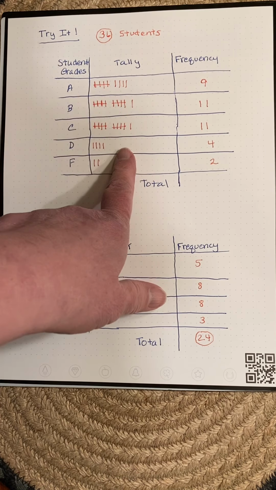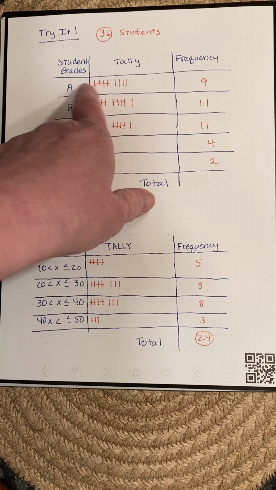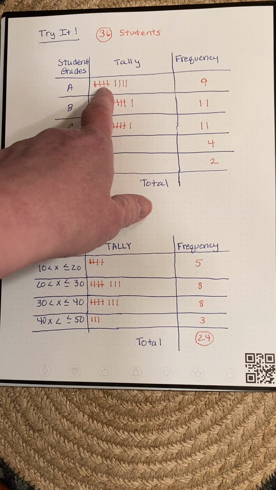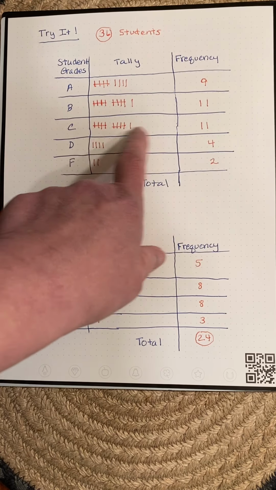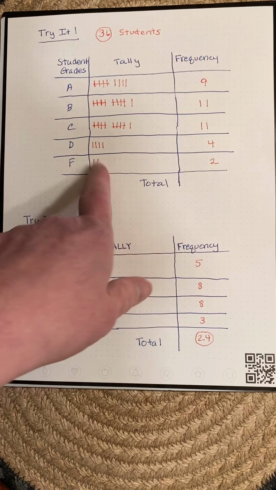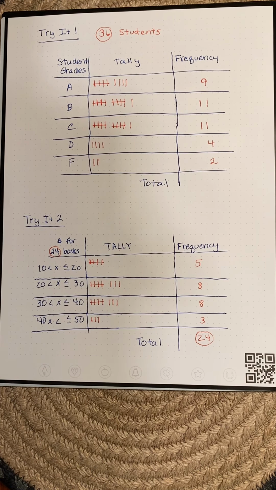Once I'm done tallying, then I count up the grand tally. So 5 and 4 is 9, 10, 11, 4, and 2. Okay, so there I go.